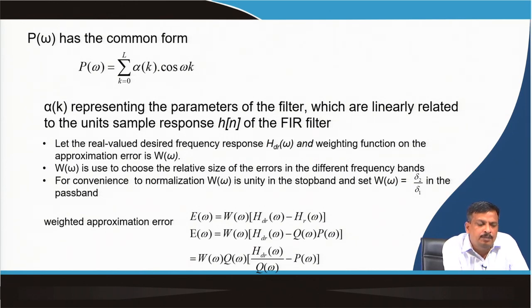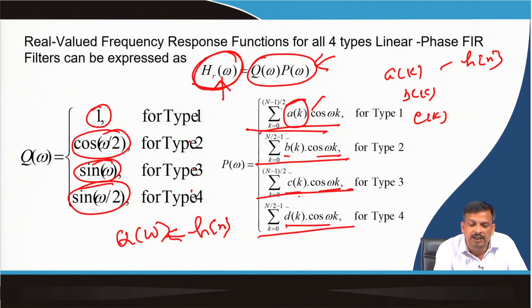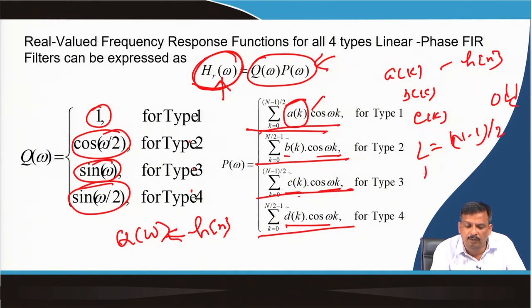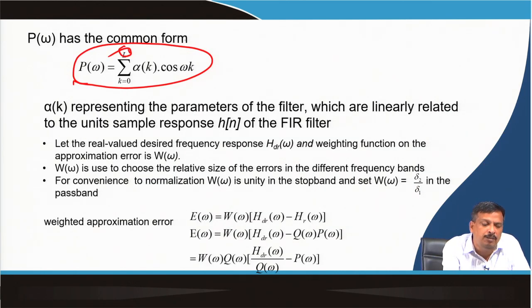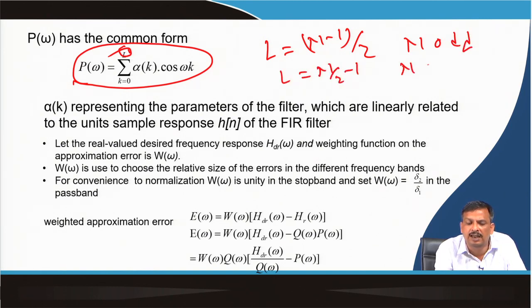So, I can say P(ω) is nothing but the sum from k equal to 0 to L. Here only L varies: L is equal to (N minus 1)/2 in case of N odd, and N/2 minus 1 in case of N even.